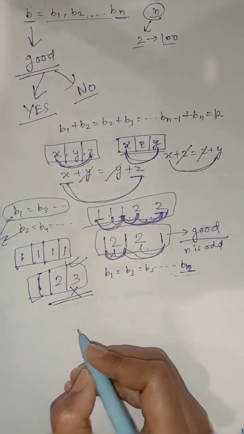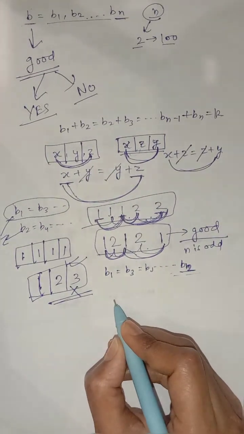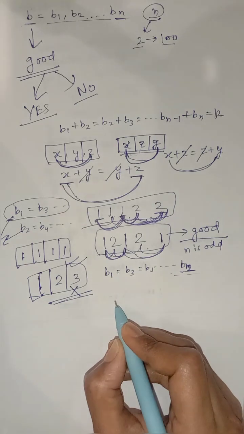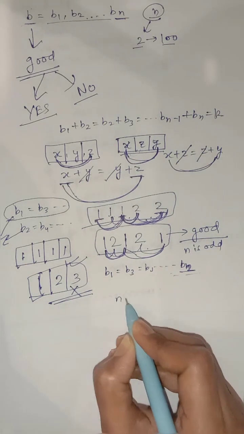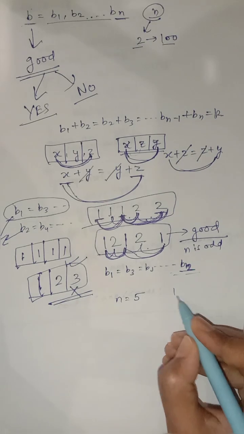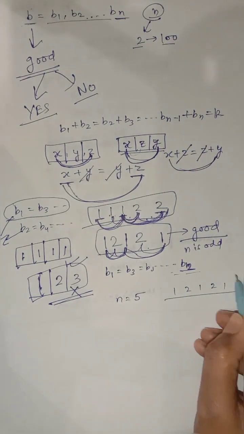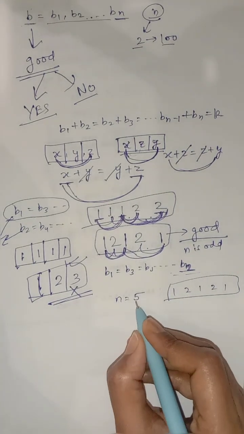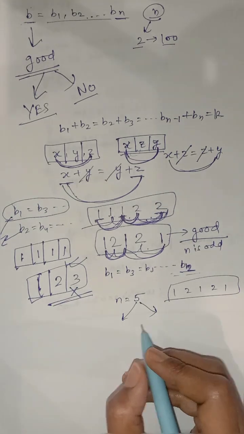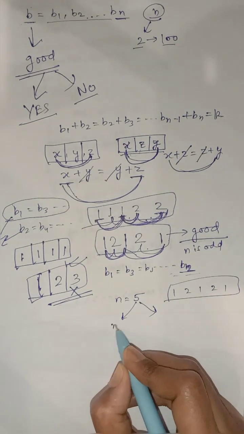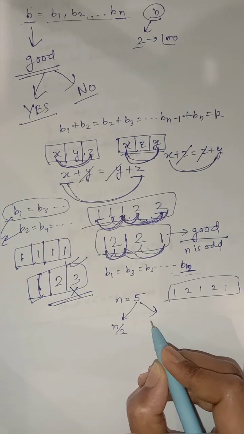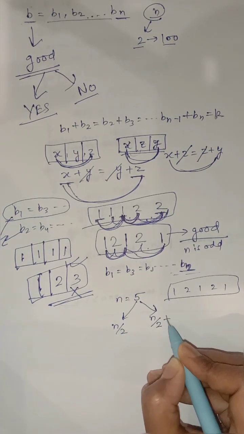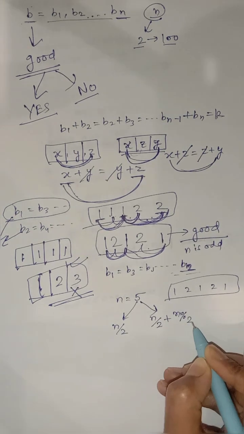Let's say we have n equal to 5, with this array. If we have two distinct elements, then one element should have frequency n by 2 and the other element should have frequency n by 2 plus n mod 2.